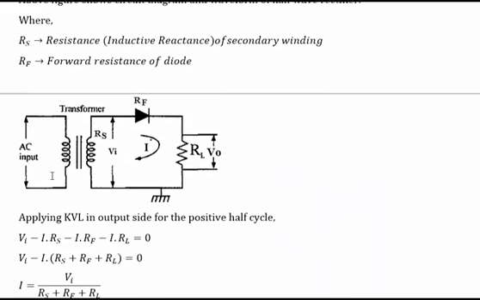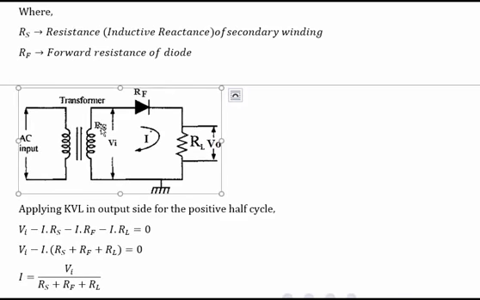Going back to this, Rs is the internal resistance of the winding. Generally we name it by inductive reactance XL, but here I am using Rs as the secondary resistance, the internal resistance of this winding. And Rf is the forward resistance of the diode, which is very small compared to RL. Rs is also very small compared to RL.